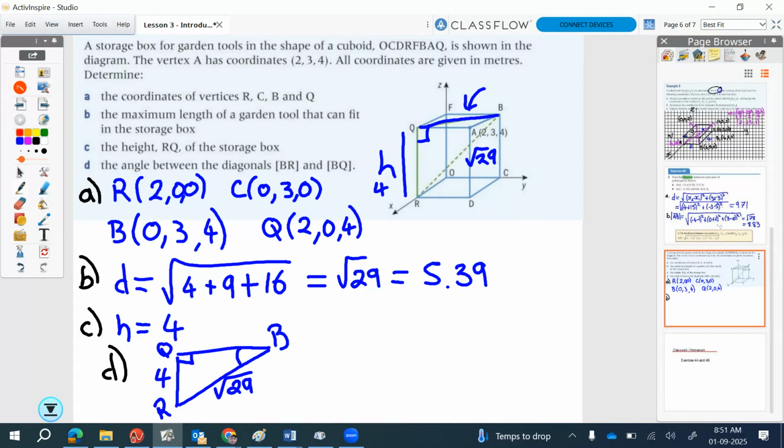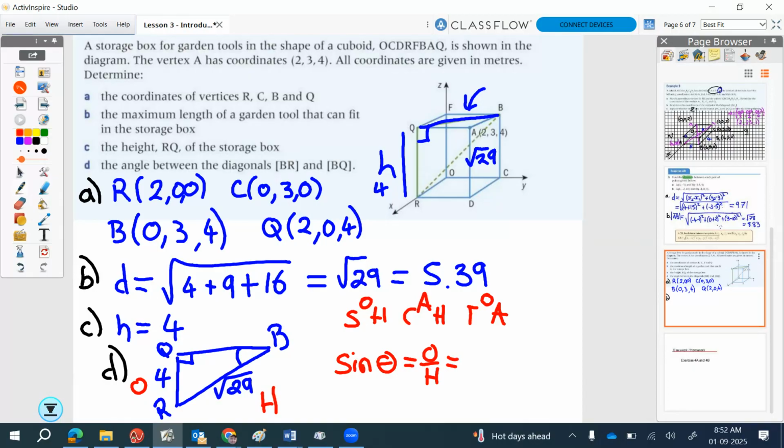Label our sides. This one is going to be the opposite, and this one is the hypotenuse. We can do SOHCAHTOA. We have the opposite and the hypotenuse, so we need the sine formula. This tells us that the sine of theta is the opposite over the hypotenuse.